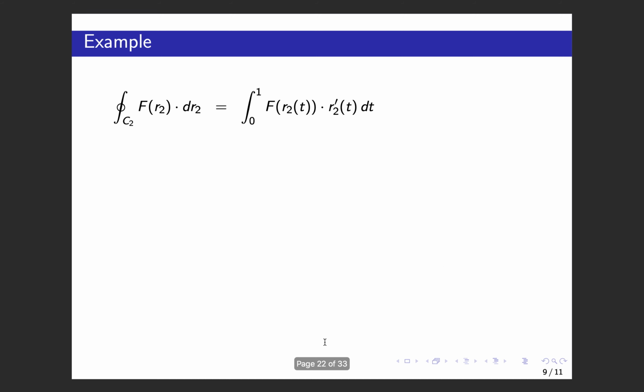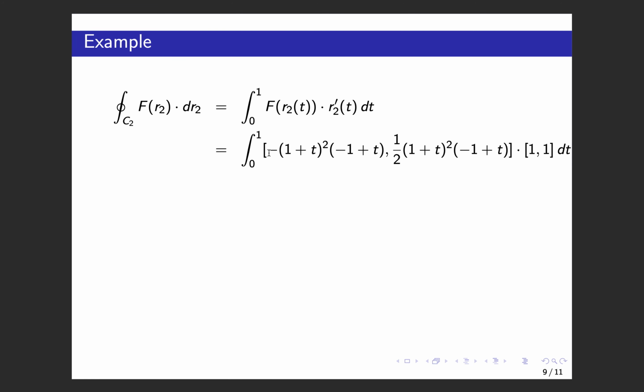Now the line integral over C2 of the function f will be the integral from 0 to 1, evaluating f at r2 and replacing dr2 by the derivative of r2 times dt. We evaluate f of r2 to get this vector, then take the dot product with the derivative of r2 times dt.